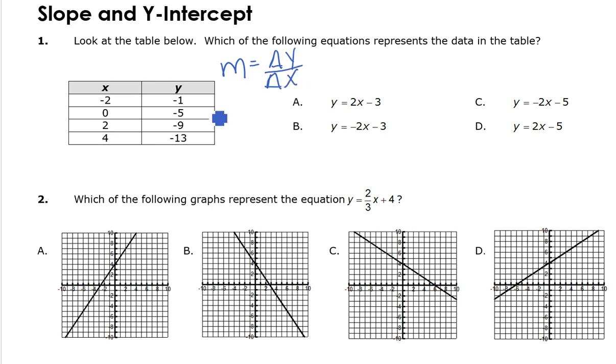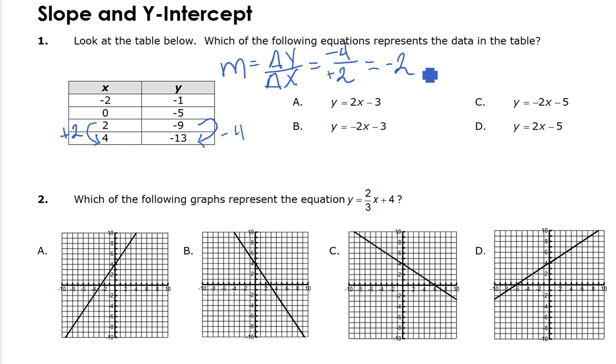So looking at my table, I can see that I am decreasing by 4 in my y, and I'm increasing by 2 in my x. So negative 4 divided by positive 2 will give me negative 2. So my slope is negative 2.